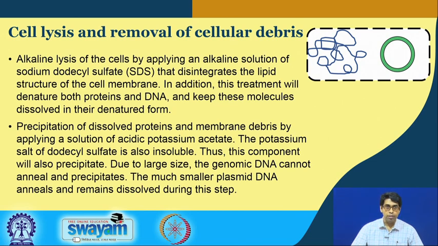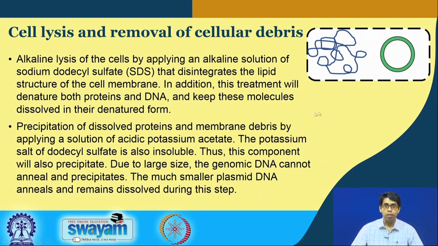Since we are in the acidic range pH, you can again form the hydrogen bonds. The presence of dodecyl sulfate has already denatured the protein, so the protein will not be able to refold and it precipitates. The potassium salt of SDS is not very soluble, so it also precipitates.